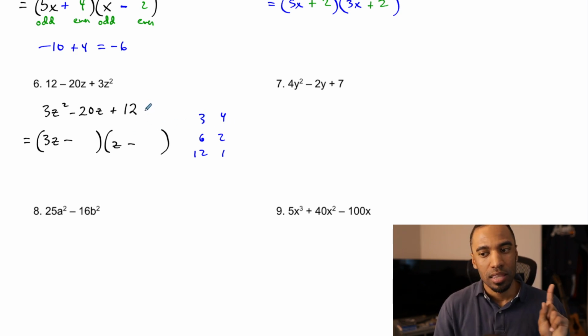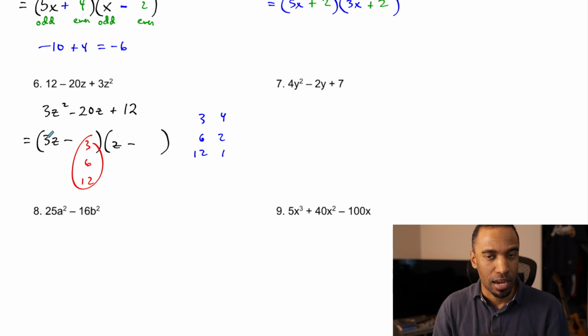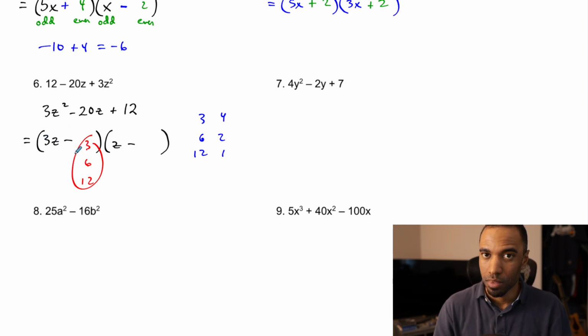I know that I could not write the 3, the 6, or the 12 right here, because all of these numbers are divisible by 3.